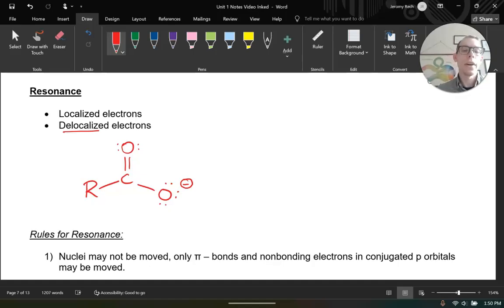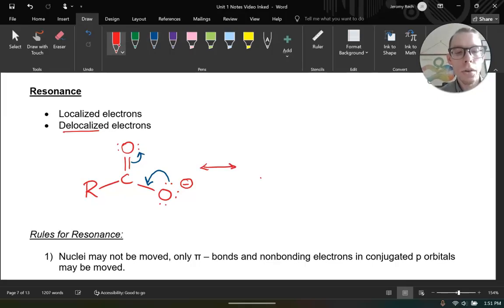Now these electrons are known as delocalized because they're not tied just to one specific oxygen. There can be movement, and we'll focus a ton in class on the rules for movement. But we can show one of these lone pairs coming in to make a double bond here, and then this double bond breaking and forming a lone pair on that other oxygen.